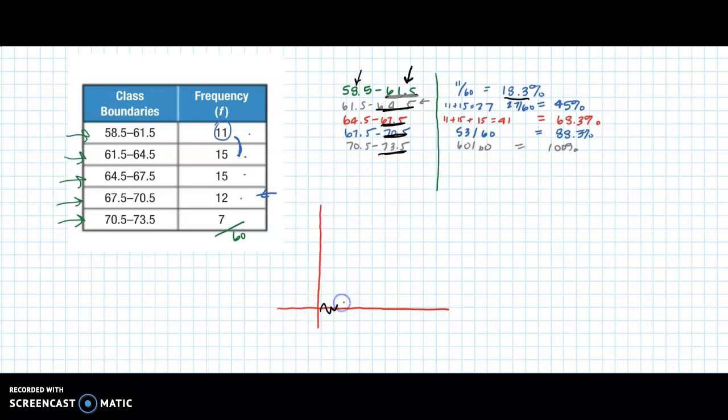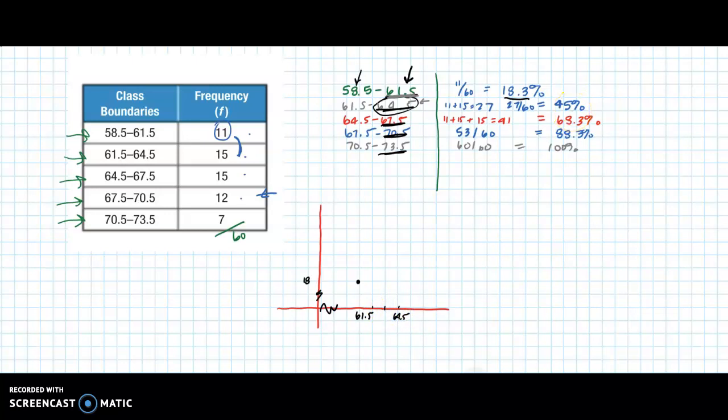So we can stick a break in the graph here and we plot the 61.5, and then say like 18. That's about right there. And then the next thing I'm thinking about is 64.5, 61, 62, 63, 64.